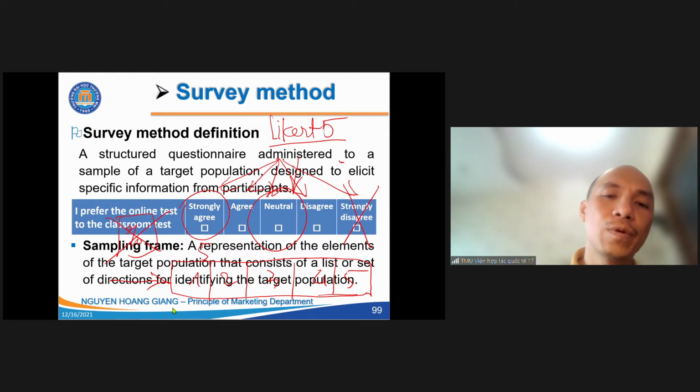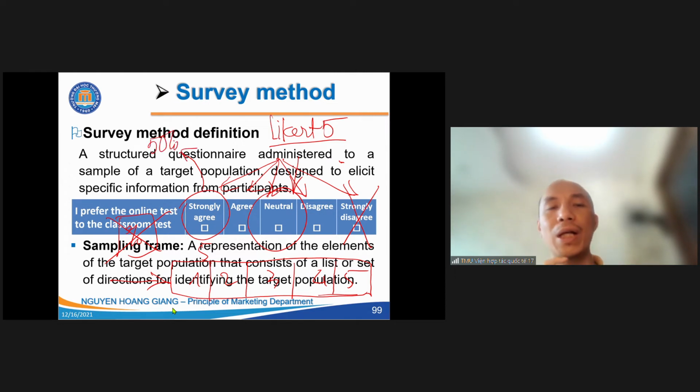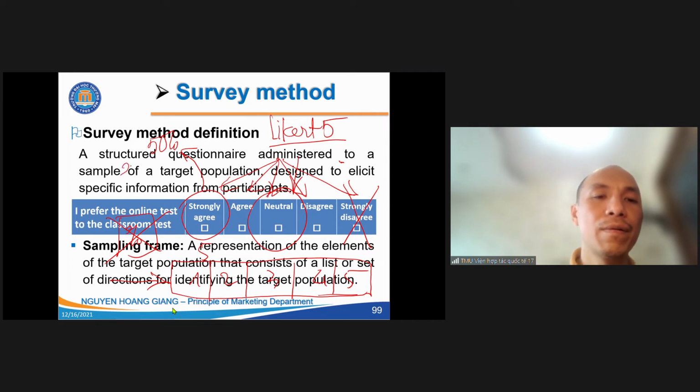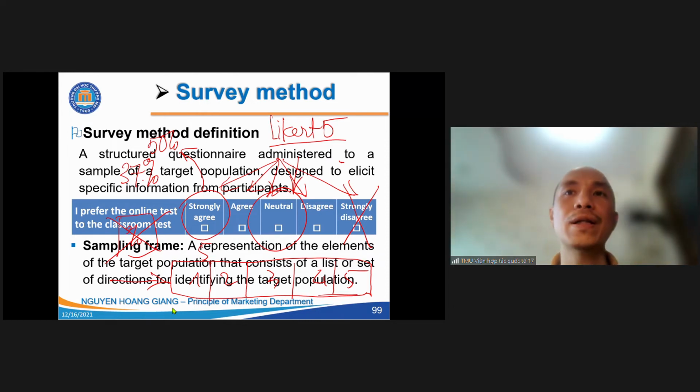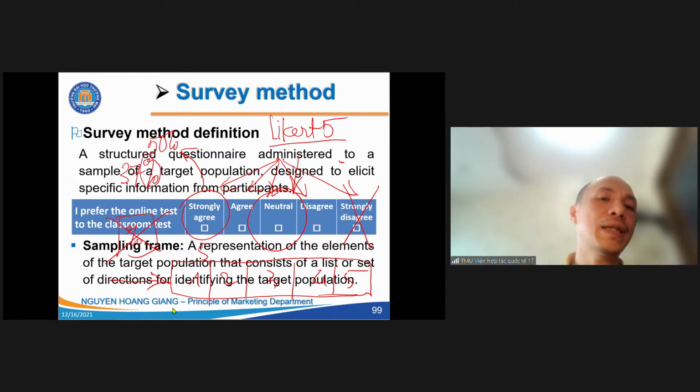And some groups said that maybe 50% chose strongly agree, or 75%, 77%, or 37%, or 20%, talking about the percentage of choosing, but it's the wrong way. So how can you do that?